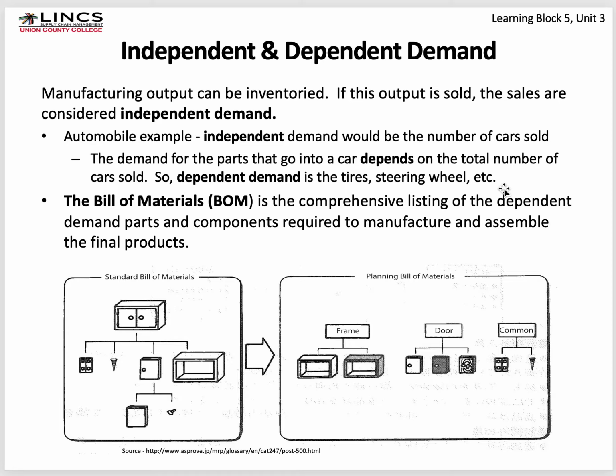How many hoses, how many tubes, how many spark plugs, how many engines. Only 1 engine, but each engine in turn may have 4, 6, or 8 spark plugs. We keep track of all these with something called the bill of materials. It's basically a recipe for making the car.